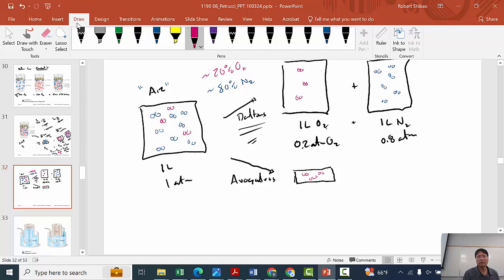We have to cut the volume by 80% in order to get the same pressure. And so we're going to have 0.2 liters of oxygen, but the pressure of the oxygen will be 1 atmosphere. And then how many liters of nitrogen will we have? 0.8 liters.